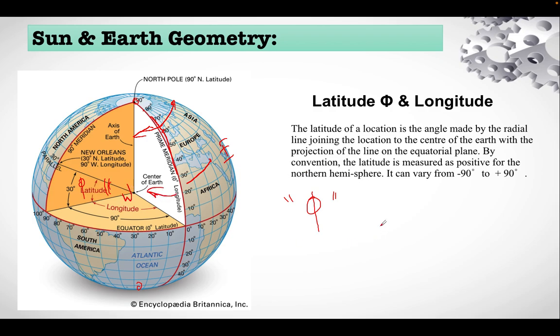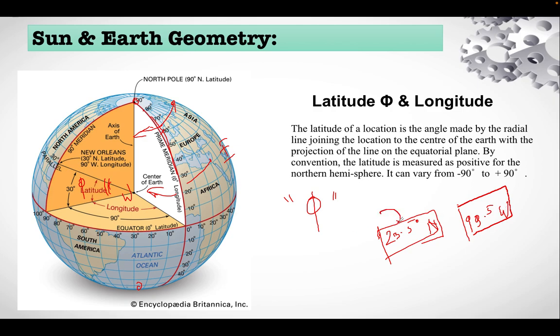So one particular location of a place is given like this: 23.5 degrees north and 90 degrees, west or east. The north value is the latitude angle, whereas the longitude value generally comes with the east or west direction.